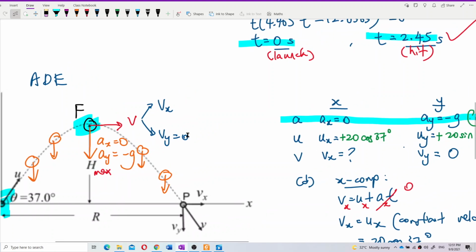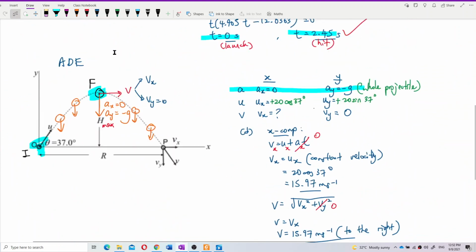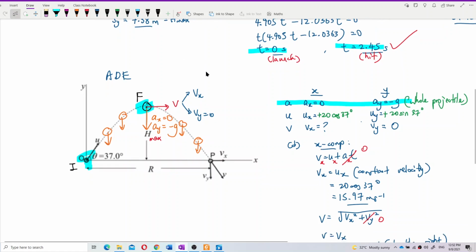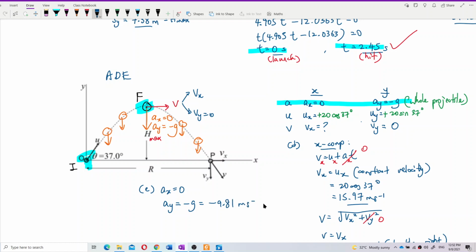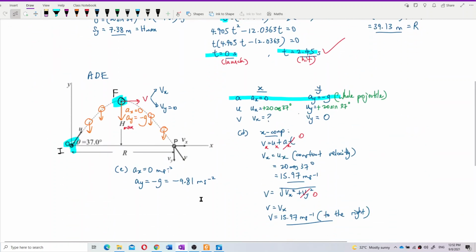So we can say the acceleration vector at maximum height, for E, the answer is Ax equal to 0 meters per second squared, and Ay equal to negative g, or negative 9.81 meters per second squared. Yes, that's correct. Or you can write it as directed downwards.